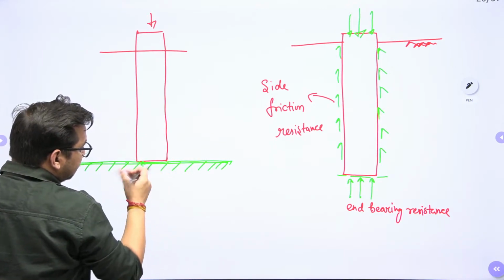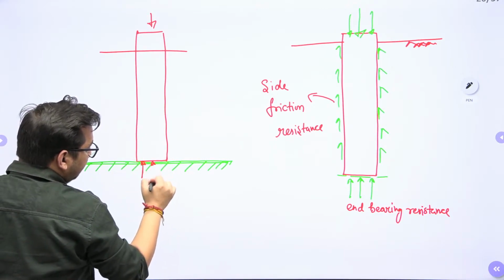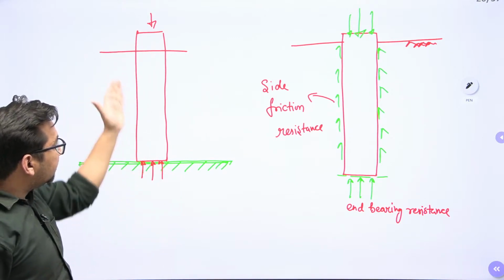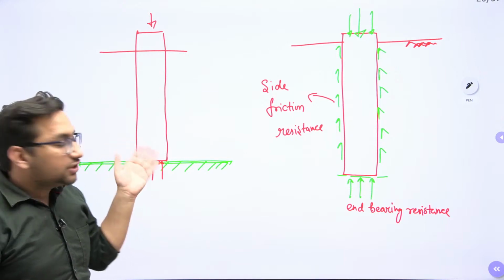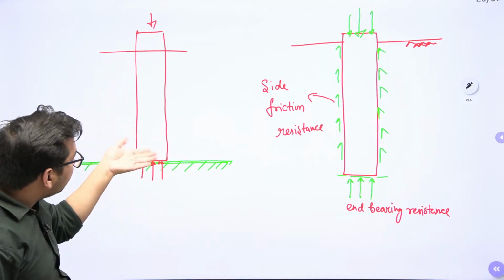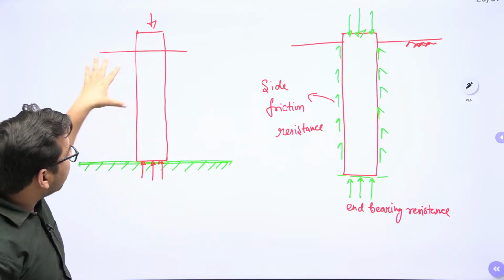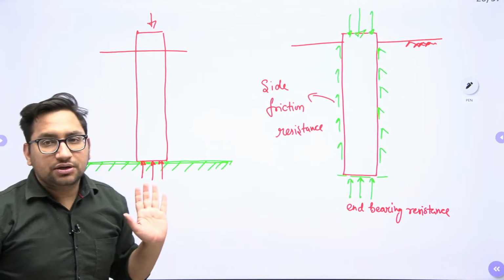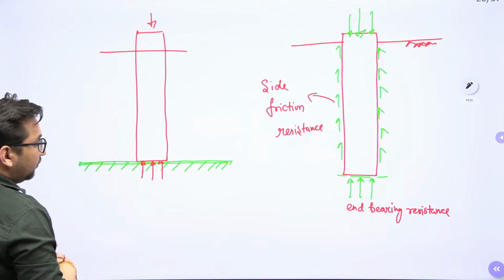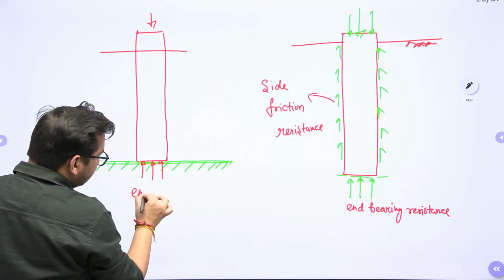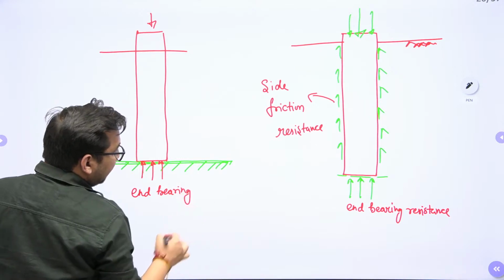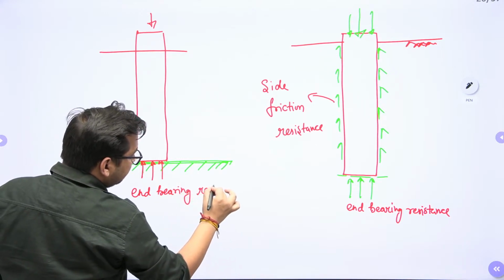It will support this load due to end bearing. Now this pile cannot settle with respect to the soil. There will be no movement of this pile with respect to the surrounding soil. It means there will be no generation of side friction. So in such cases, you will only get end bearing resistance.